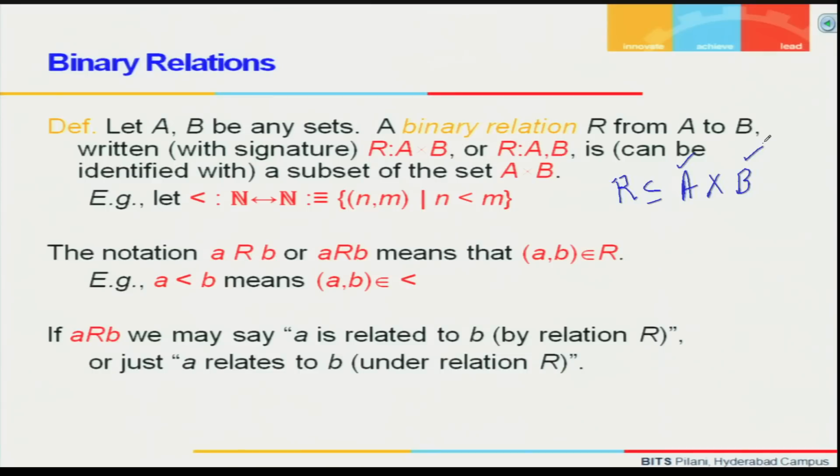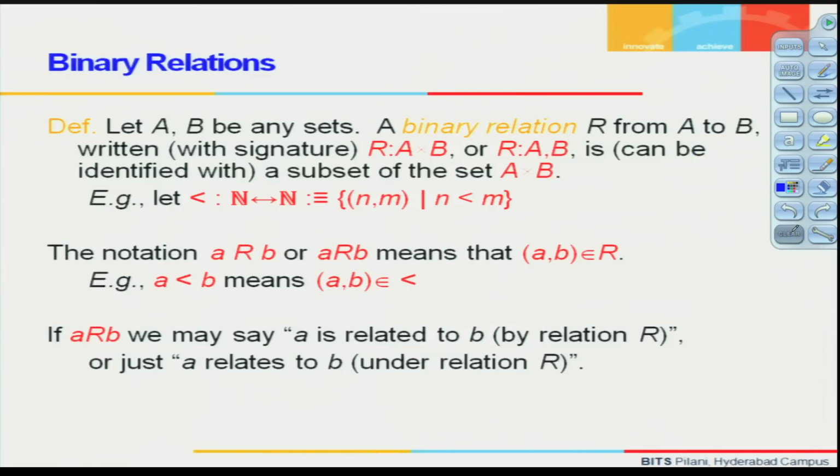In fact, the empty set is also a binary relation because the empty set is a subset of A cross B, hence it is also a relation. So any subset of A cross B is a relation. Then let us define some meaningful relations.